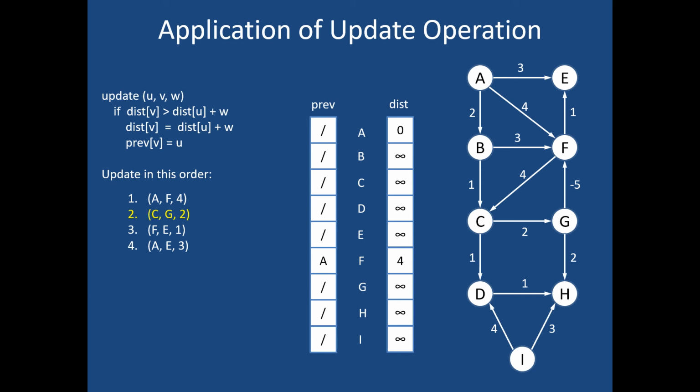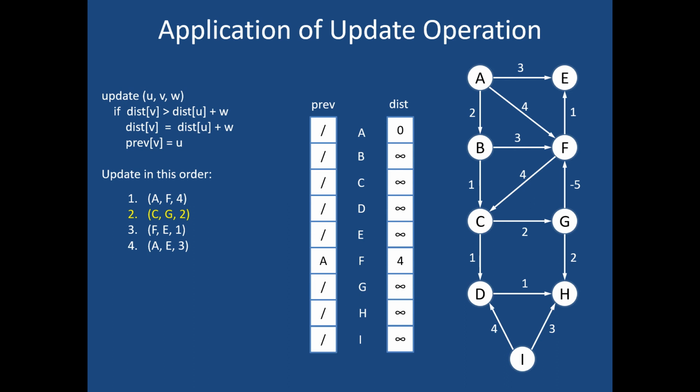Yes. Okay. So explain why you retract it. Oh, because I just noticed C has distance of infinity right there. Right. So the thing to realize is when we do distance of V, so V is G, that's infinity. But what's distance to C? Distance of U. It's infinity. And it doesn't matter what you add to infinity, you still got infinity. So infinity is not greater than infinity, so we don't do anything. So that's an example of an update that has no effect.